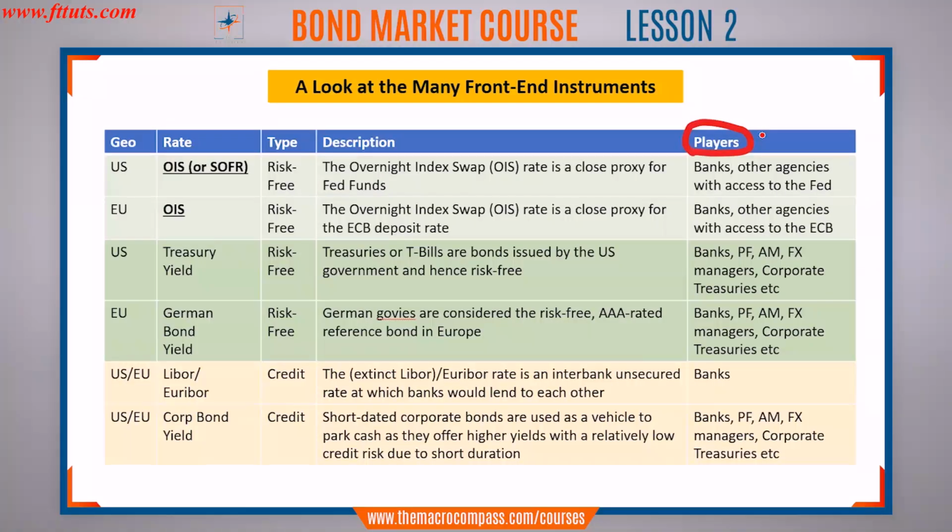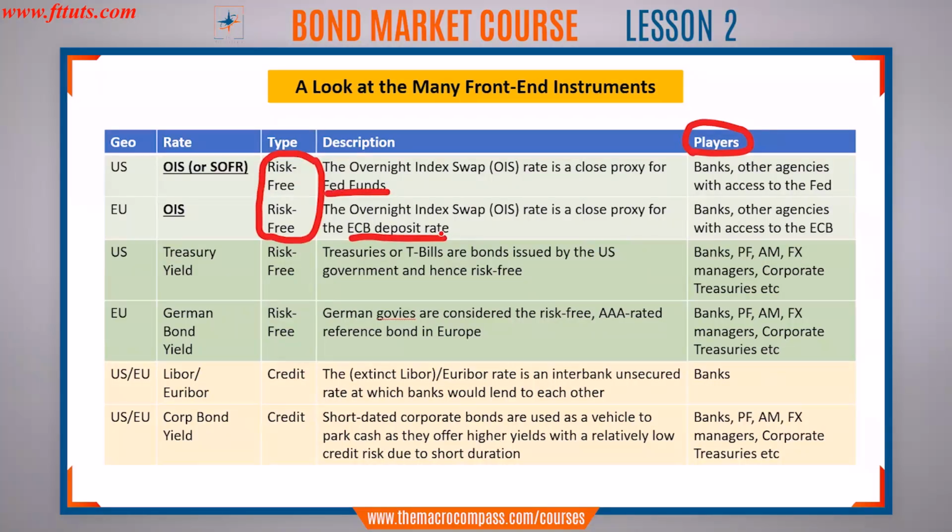So the main point you should remember from this is that there are many front-end instruments, but not all of them represent risk-free rates. Or in particular, not all of them represent what you are mostly looking for, which is market expectation for future Fed funds or for future ECB deposit rate.